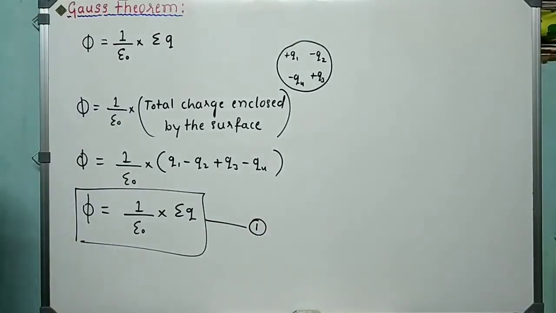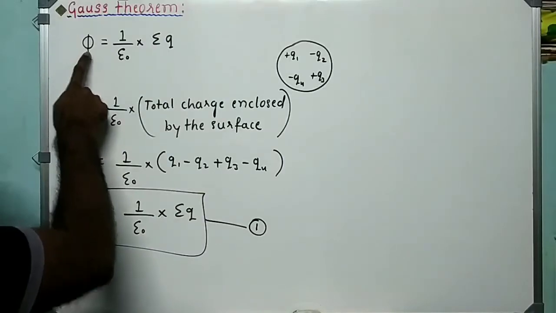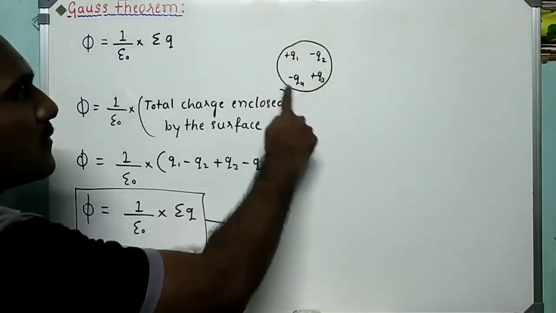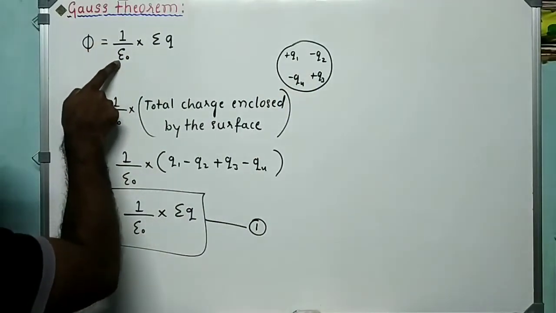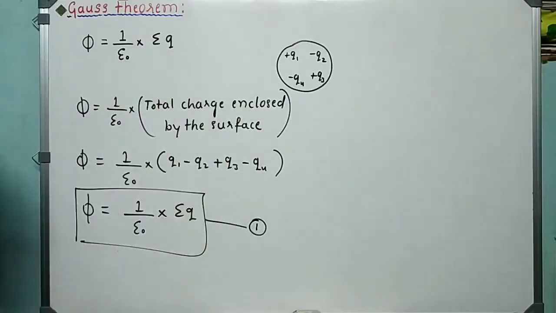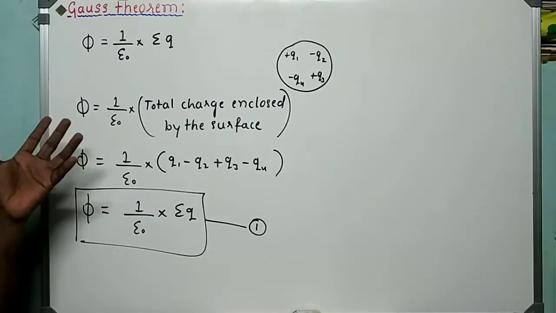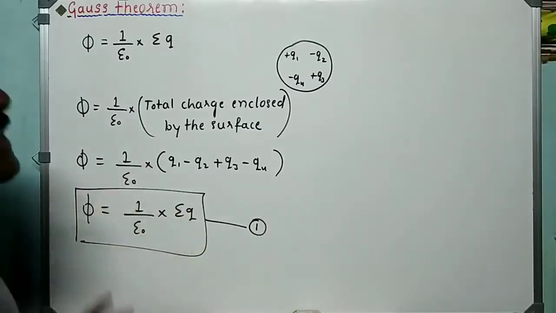What is Gauss theorem? Gauss theorem states that the total electric flux across any closed surface placed in air medium is always equal to 1 by epsilon naught times of total charge enclosed by the surface. Here one more thing is there which is very important. When you are going to apply Gauss theorem, you can't apply Gauss theorem in all cases.